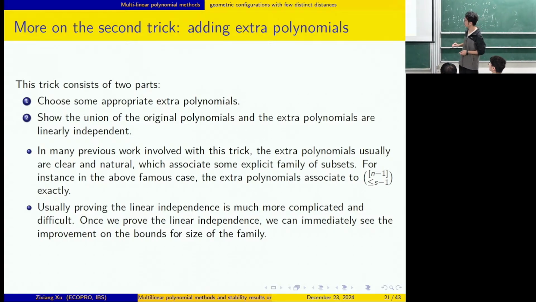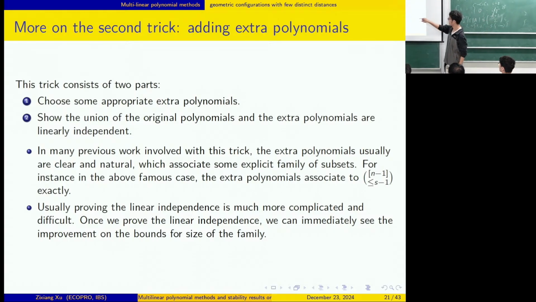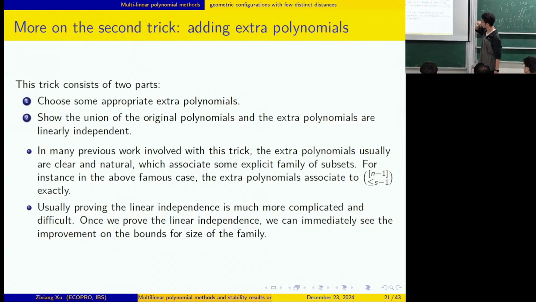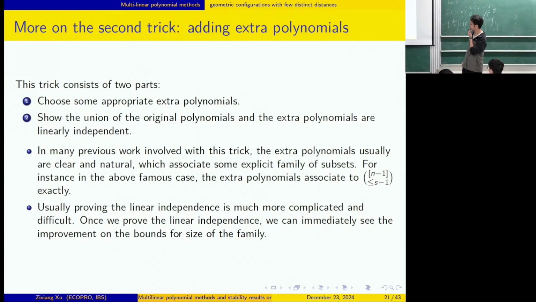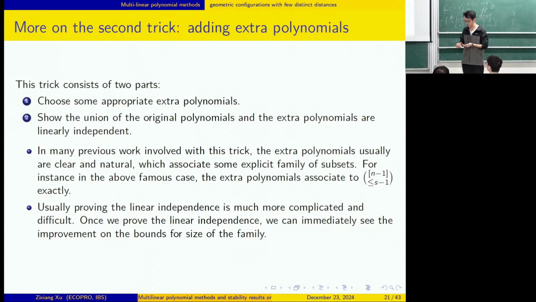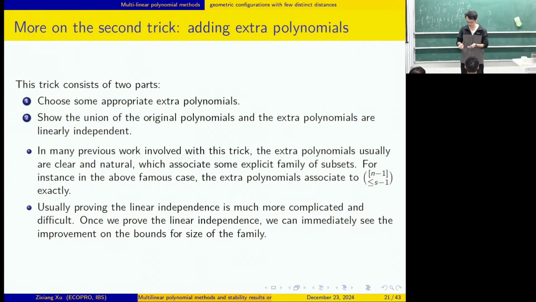The extra polynomials are usually very clean in nature, for example, associated with some explicit families, such as clean set systems. But as I said, proving they are linearly independent is very difficult. Sometimes you need a heavy understanding of linear algebra.